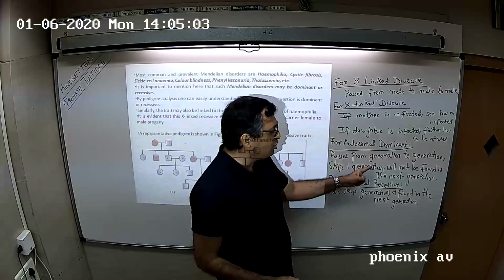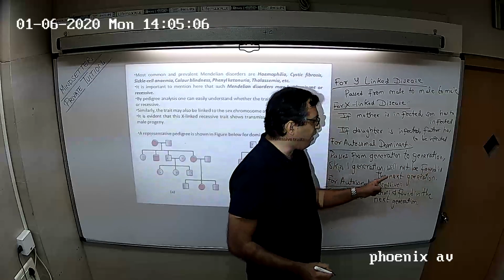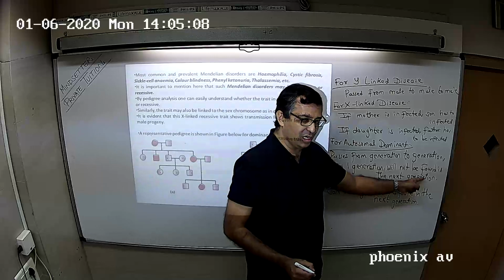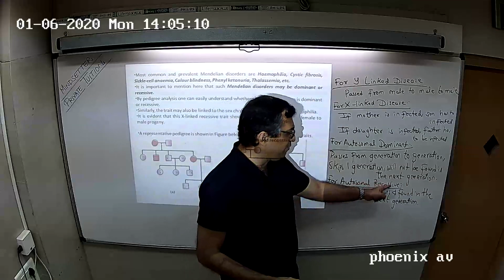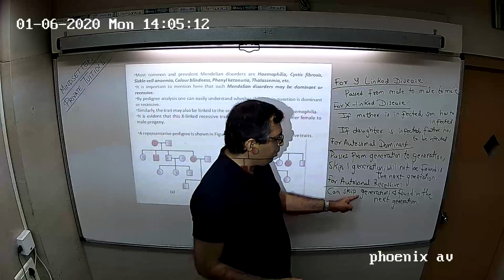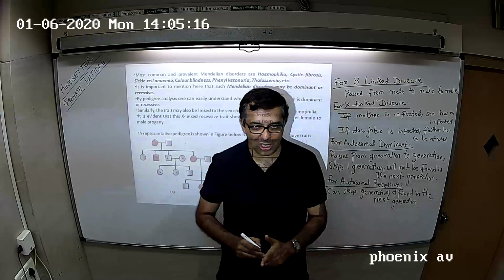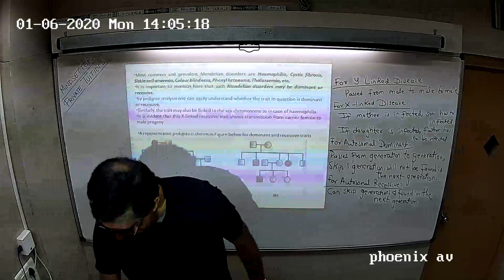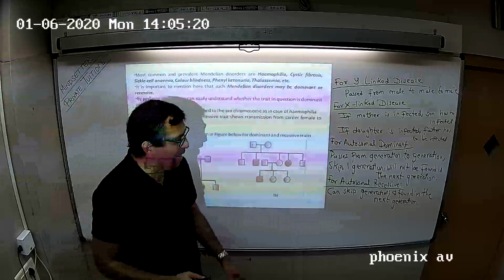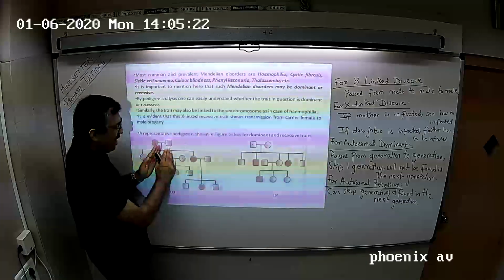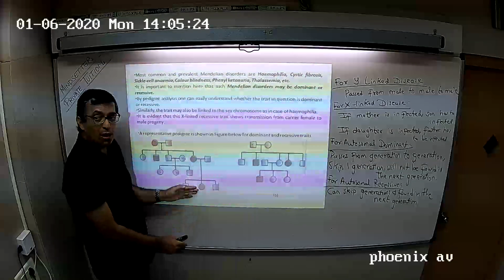If it skips one generation, will not be found in the next generation. And for autosomal recessive disorder, can skip generations and be found in the next generation. So we have analyzed these rules of pedigree analysis. So which one is this? Example of autosomal dominant.